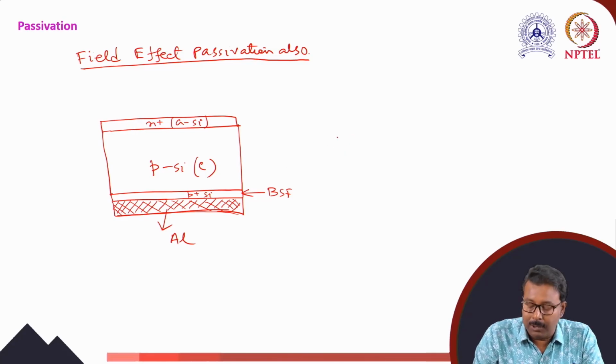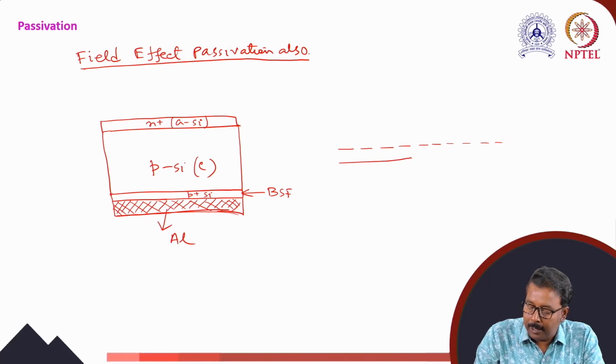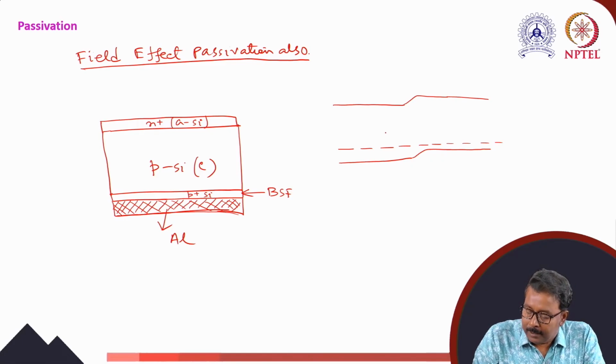band diagram, if I draw the band diagram, say P silicon, this is suppose the Fermi level aligned, and this is a P silicon, and here it is P plus silicon. So this junction between P and P plus.